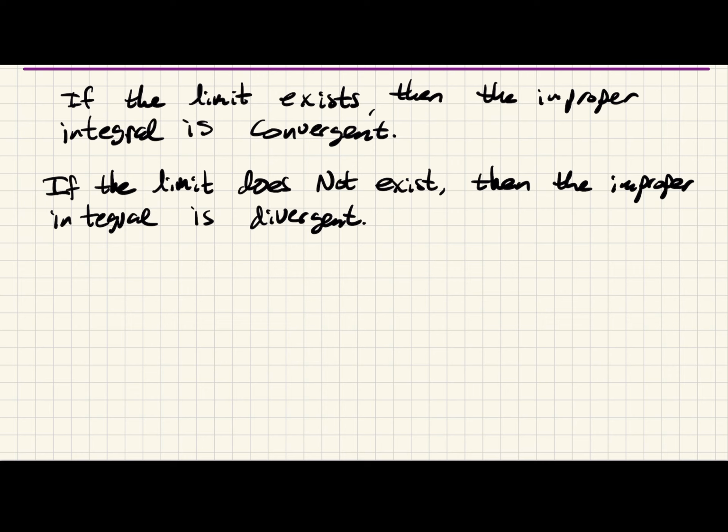Now, here's the thing. What if I have a discontinuity in the middle? Like with 1 over x squared, where we can't put 0 in, on either side. So this is where our part C comes in.